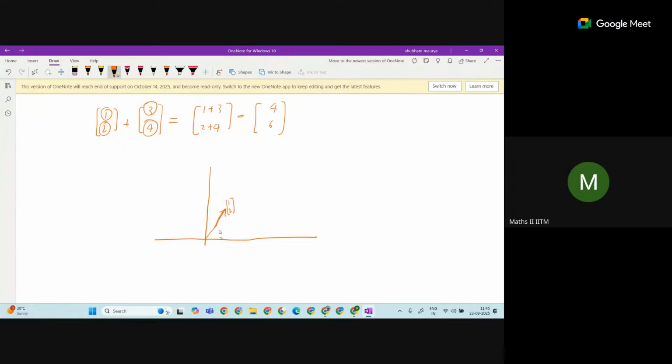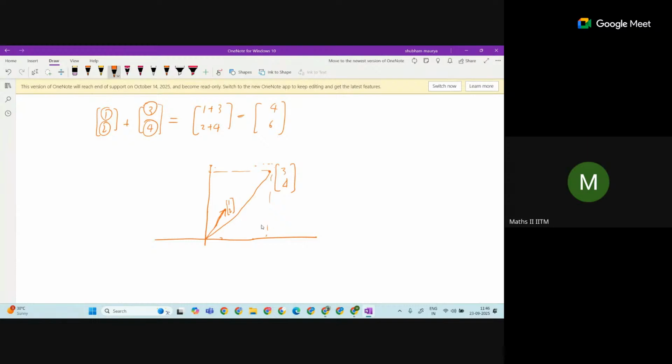And 3 4 is going to be 3 somewhere here and 4 somewhere here. Let's say 4 is here and 3 is here. So this is your vector 3 4.